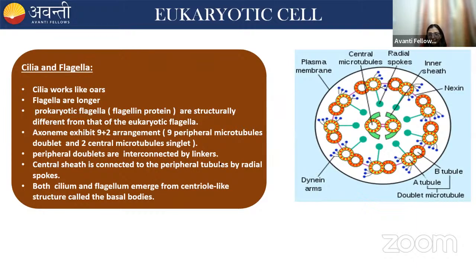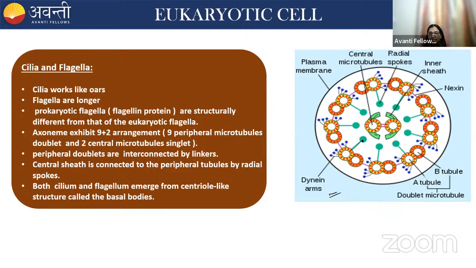So this is the structure of the axoneme. You can see there are 9 peripheral microtubule doublets, and the 2 singlets are present in the center. And this green portion is the central sheath. So these 9 peripheral microtubule doublets are connected to the central sheath by the radial spokes.